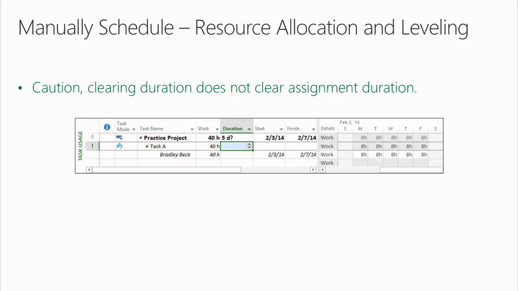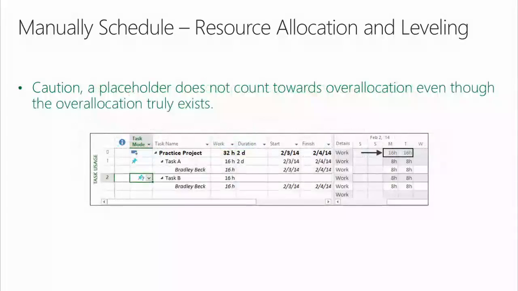It's very important for your advanced knowledge of Project to understand the data model, project, task, resource, assignment, and how all of these work together when you make changes, especially in manually scheduled mode. Caution. A placeholder does not count towards overallocation, even though the overallocation truly exists. See that? There's 16 hours of work scheduled there each day for Bradley Beck, but there's no red resource overallocation indicator here.